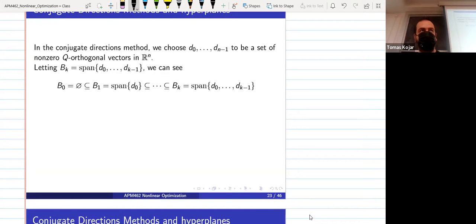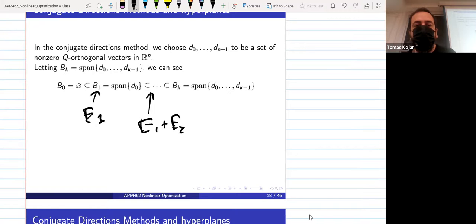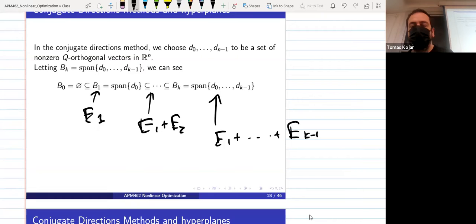This is E1, your first eigenspace, and then E1 plus E2, all the way to E_{k-1}.